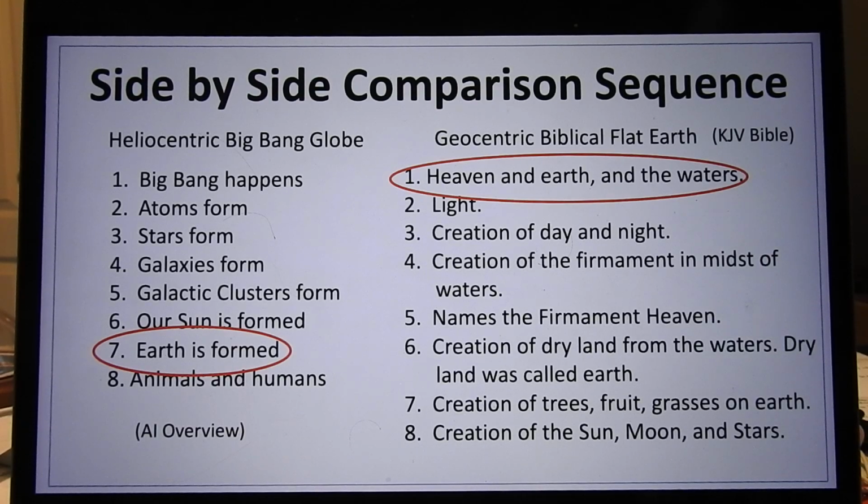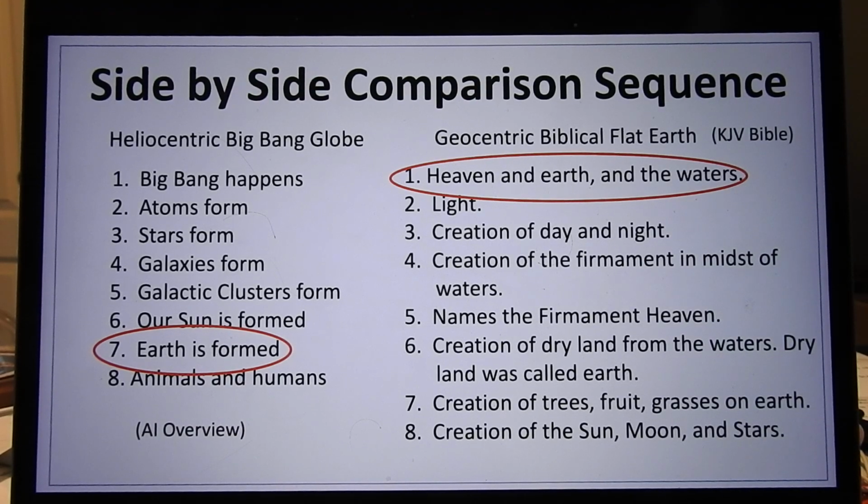If we look at the first main thing that's very obvious, step 1 in the biblical model is heaven and earth and the waters. Heaven and earth are created right away. Earth is formed. Now when we look at the heliocentric Big Bang globe model, we see that the earth is one of the last areas that's formed towards the end.